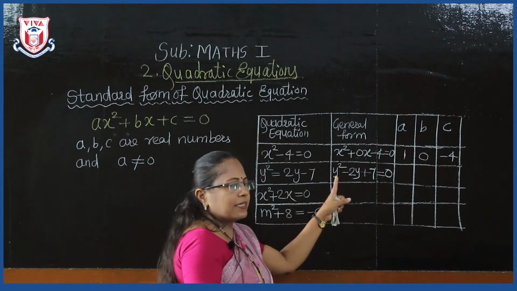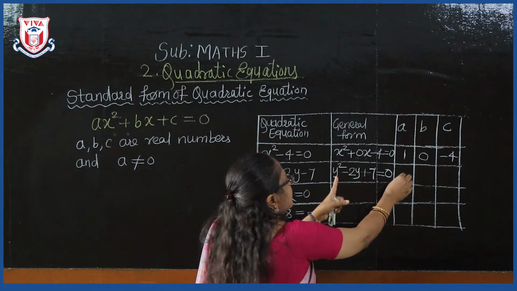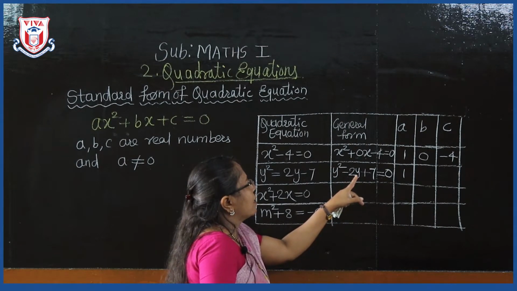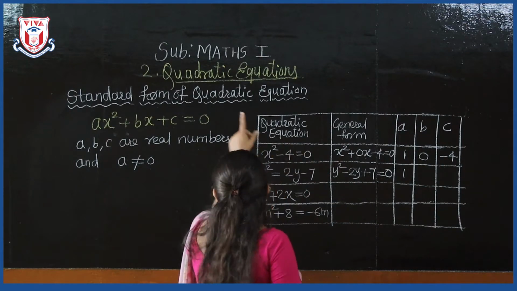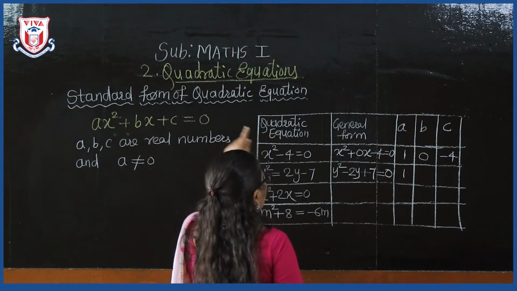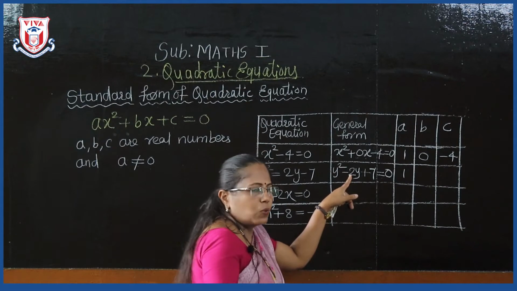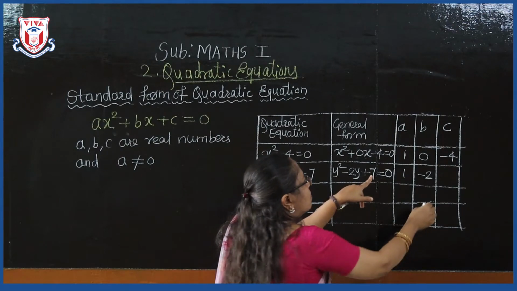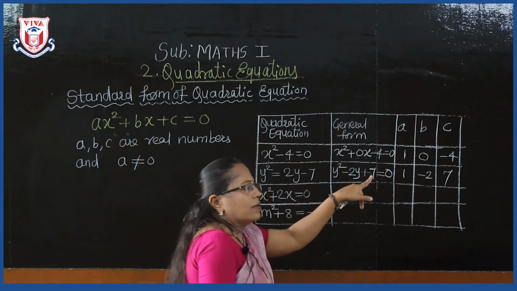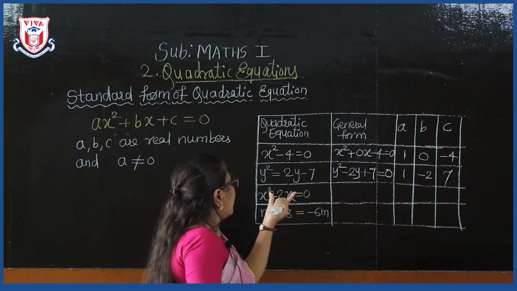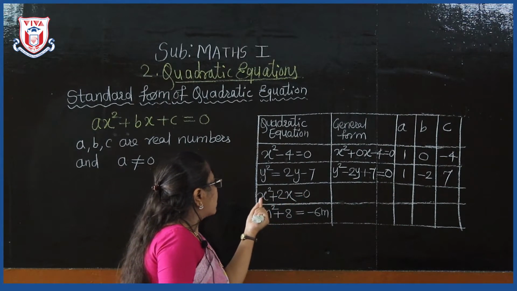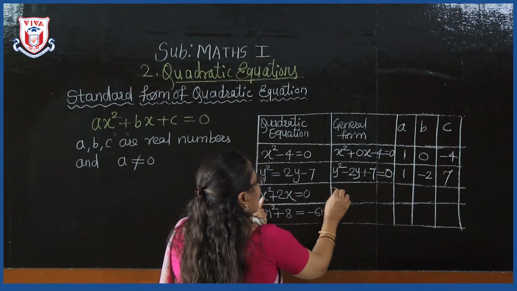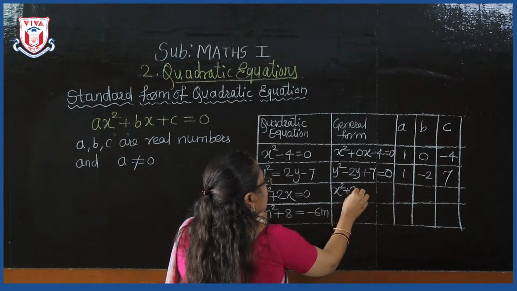Now compare with this general form and get the value of a, b and c. So first term is y square. So value of a is 1. Second term is here minus 2y. So if you compare with the general form, b is equal to minus 2. And c is equal to plus 7. Followed? Now next equation. x square plus 2x.